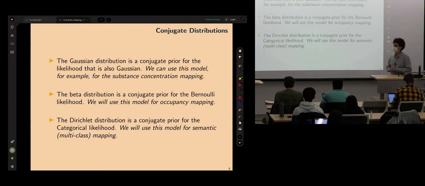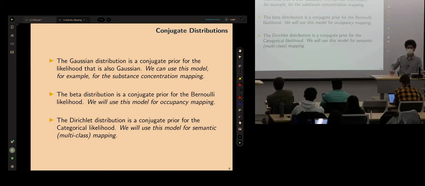Now, one measurement is obviously not good. You want to move around, collect as many measurements as you can, and then reconstruct the distribution over the spatial area that the robot is exploring. Then it makes sense to use a Gaussian prior, maybe a Gaussian likelihood, and we can keep adding information to each voxel to model the concentration of that substance. So in environmental monitoring tasks, this can be helpful.